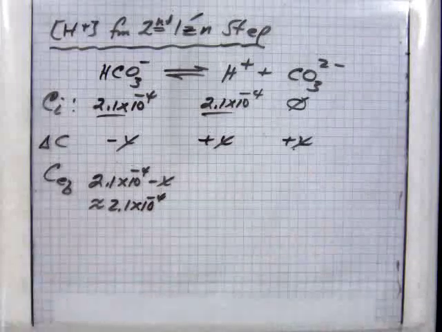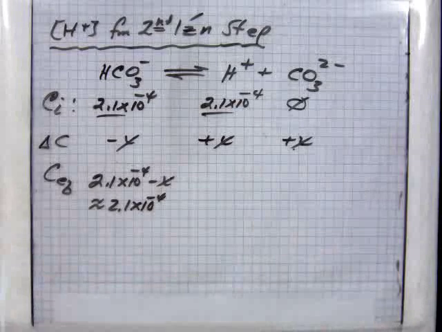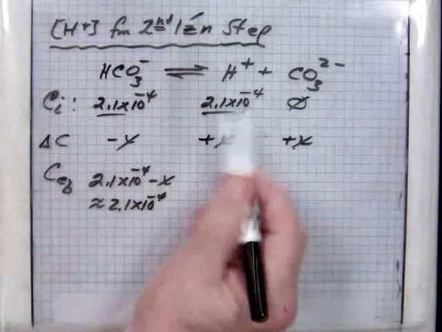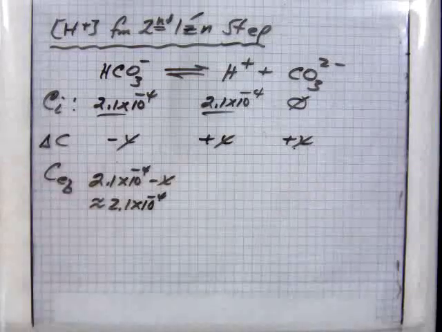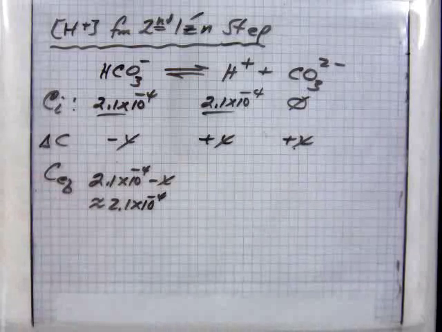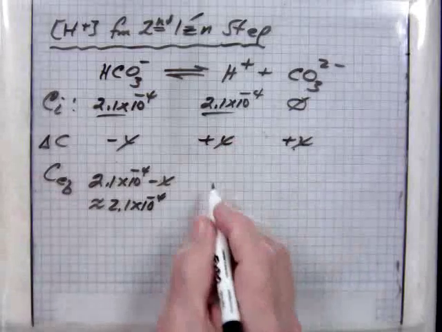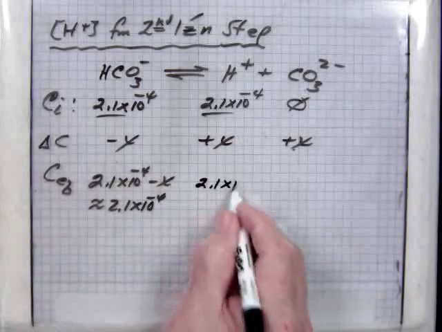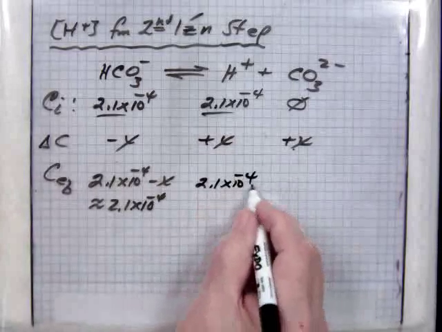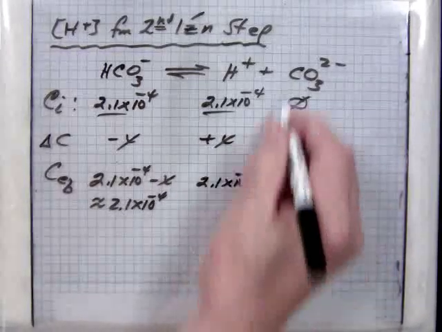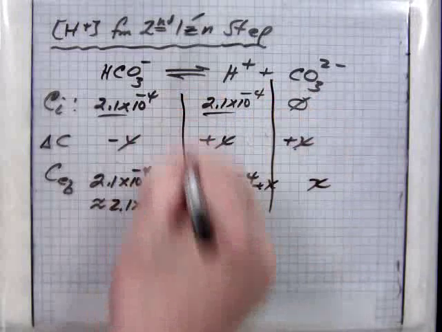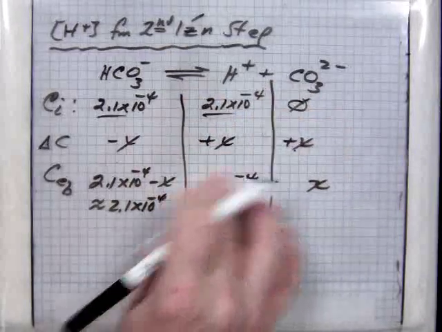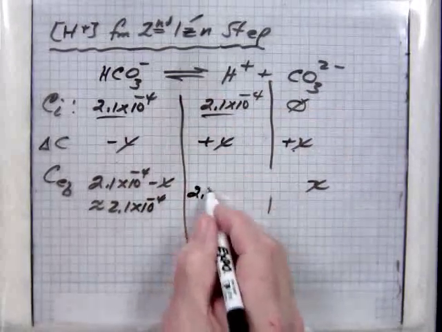Well, that's going to be a remarkably small number. Try to add to the hydronium here. So that's why I say all of the hydrogen comes from the first ionization step. So this is 2.1 times 10 to the minus 4 plus X, and then X over here. Let's see if I can get that cleaned up.